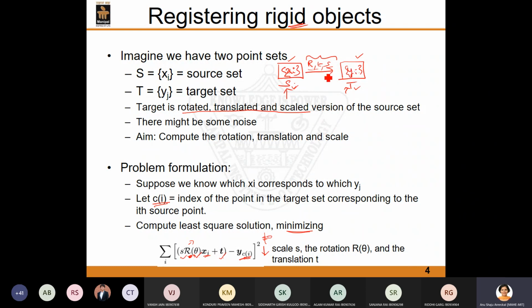Now another reason is, let's say you have these points xi and yi, and these are not points which are manually detected. These are points which are resulting from some other image processing techniques. For example, if you remember, we had already learned about the SIFT key points.